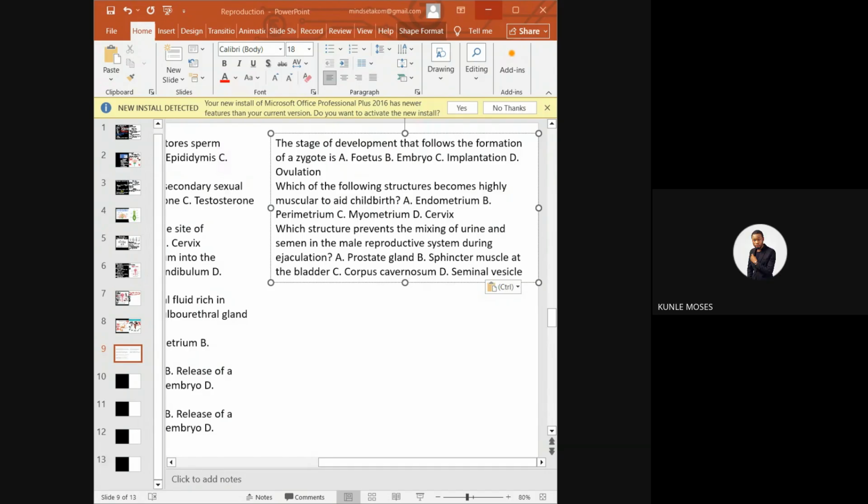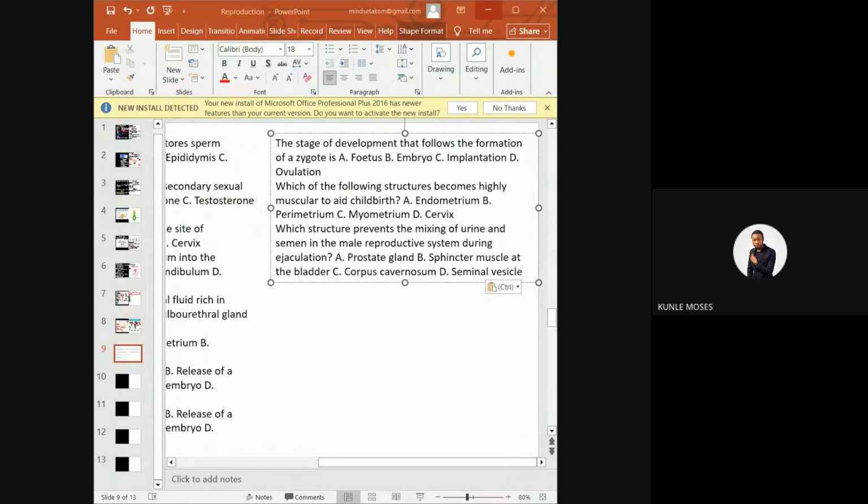That's right. Do you remember what prostate gland produces? It provides the semen with nutrients and protection, that's alkaline, to counter acidity.